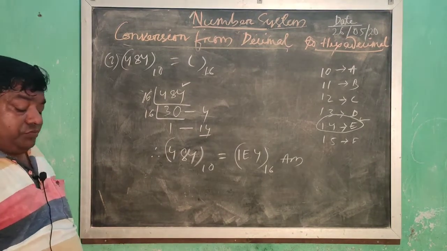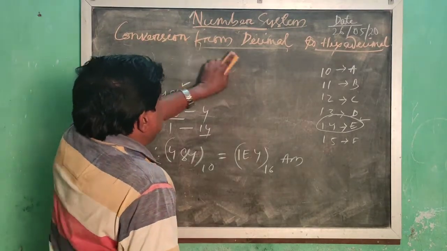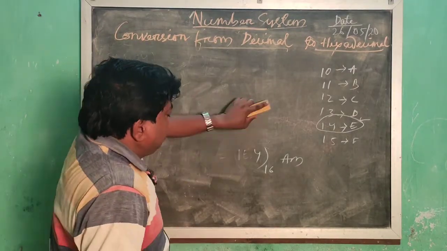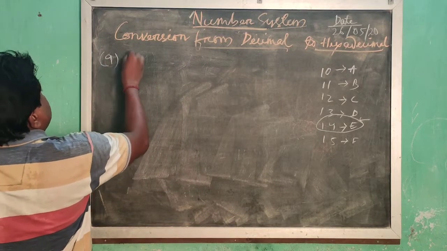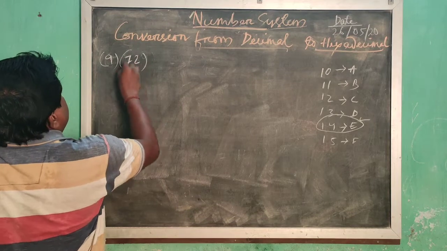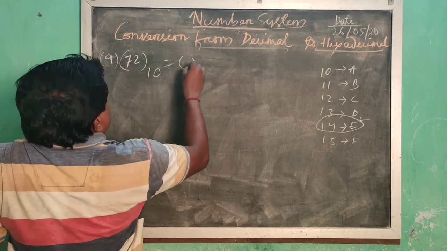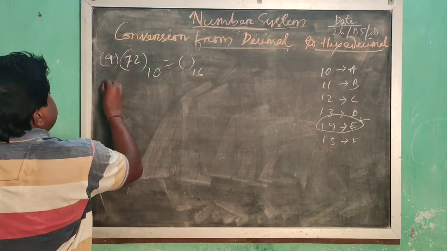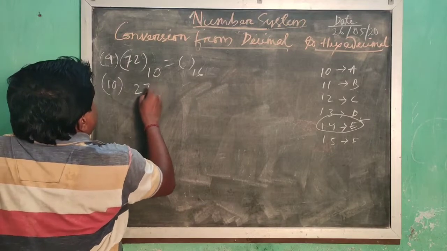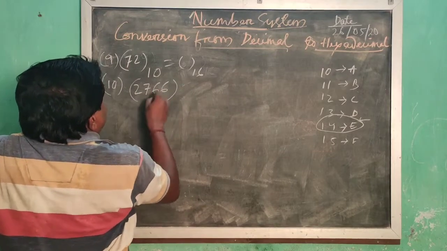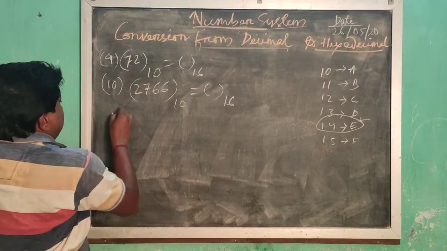Here you do some homework. 72, base 10, convert it into hexadecimal. 2766, base 10, convert it into hexadecimal.